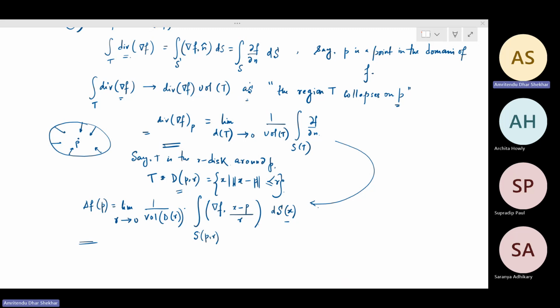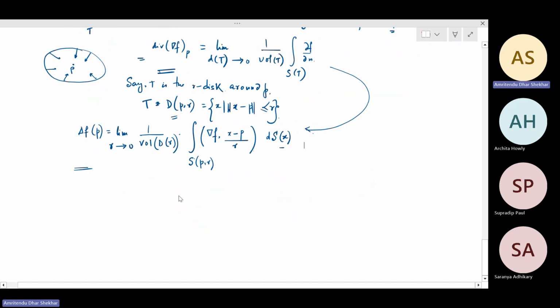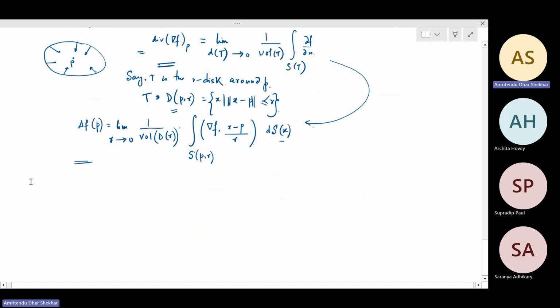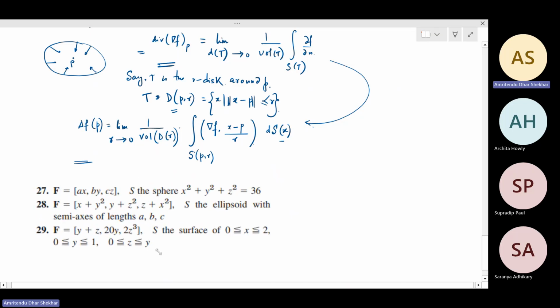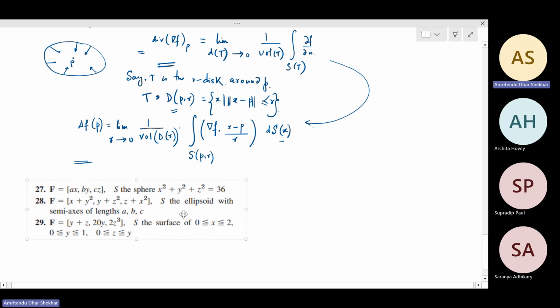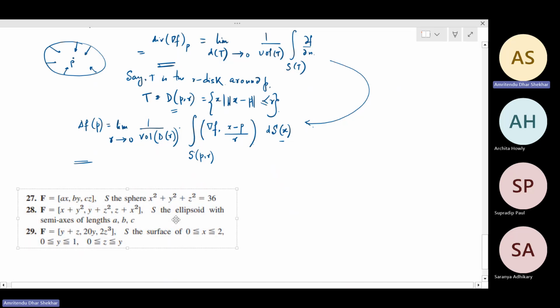So how does the divergence theorem help us? Of course you get to prove results, but that's also important. What it does is that it is a computationally efficient way of doing things, right?